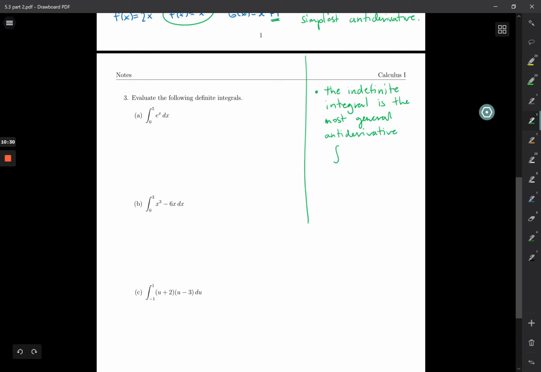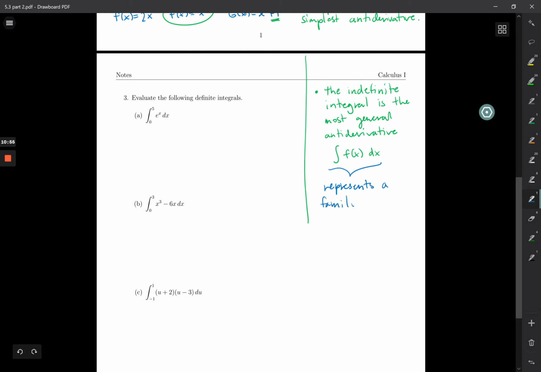And it looks like the integral of f of x dx. There's no bounds on the top and the bottom, it's just bare. That's an indefinite integral. Okay. What this thing is right here, this represents a family of functions.